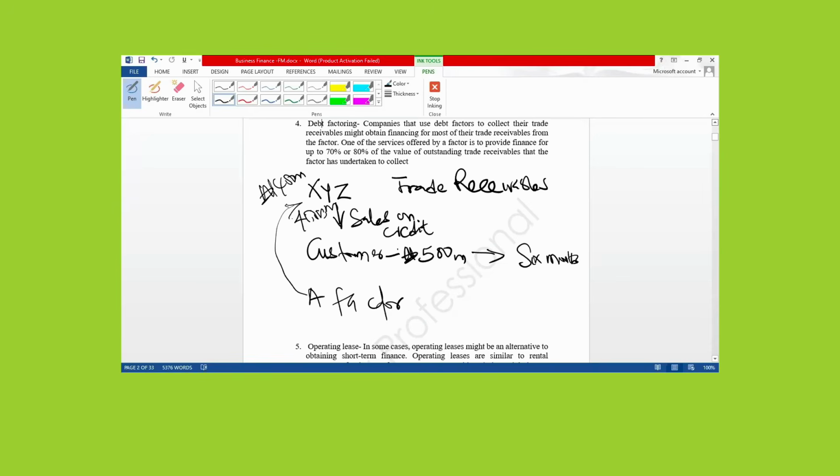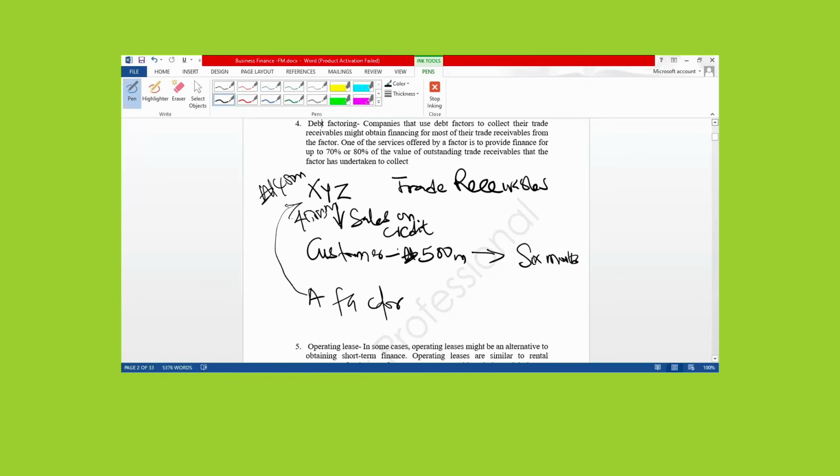Meanwhile, the factor has given a 400 million loan to XYZ. What will happen depends on the terms of the factor agreement. It's a legal contract.